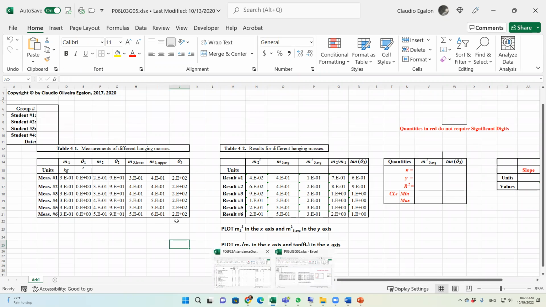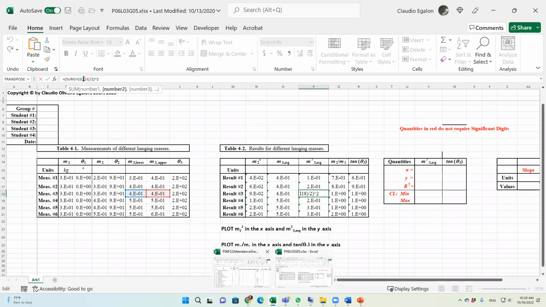And then what do you do? You're going to plot. What are you going to do next? You're going to take the square of M2 and the square of M3. M2 is the one that's varying. M3 is what we call the dependent variable.